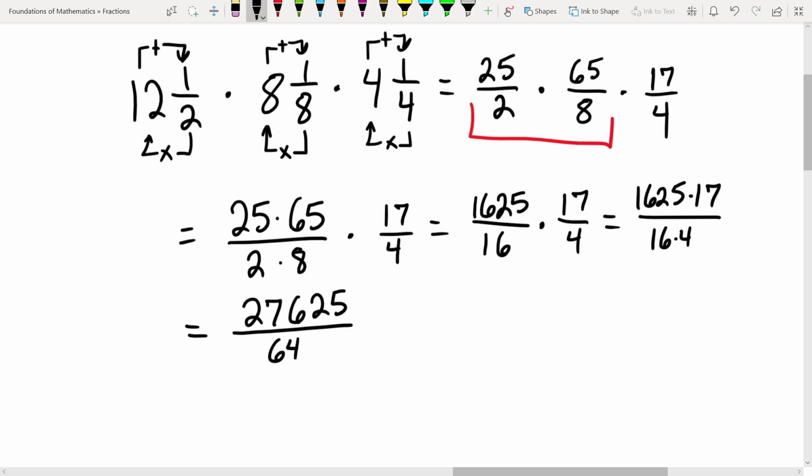It would take too long to calculate, so I'm going to use the calculator. 27,625 divided by 64, and that gives me 431.640625. Okay, I can ignore the decimal. That doesn't really matter in this case.